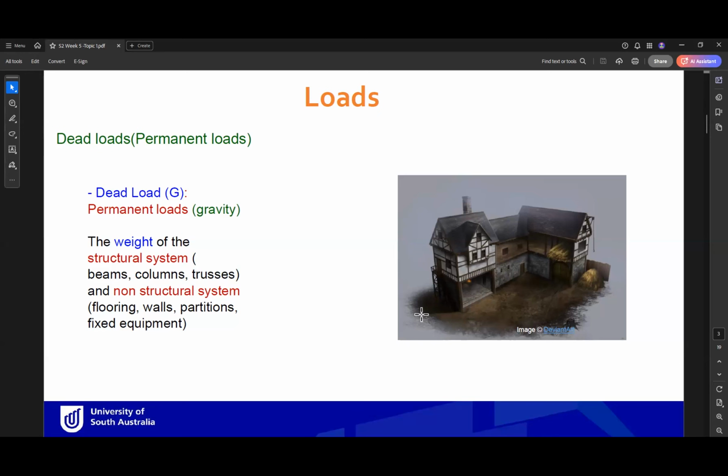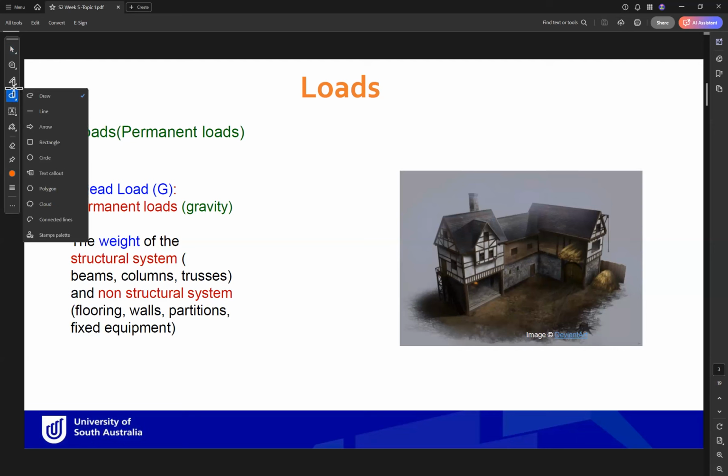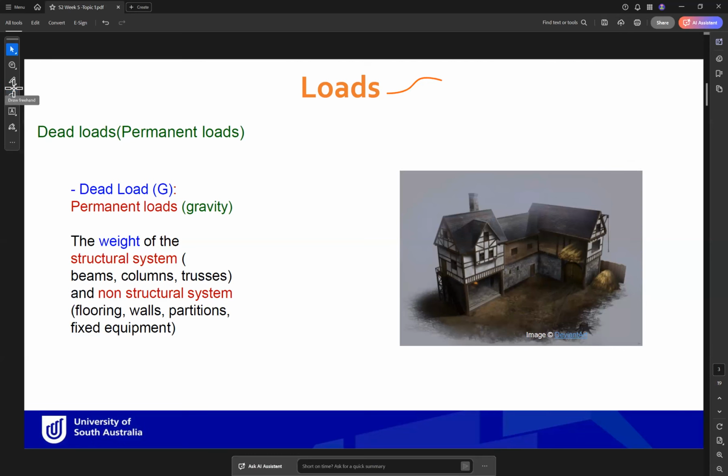We have two main types: gravity load, or gravitational load, and lateral load.